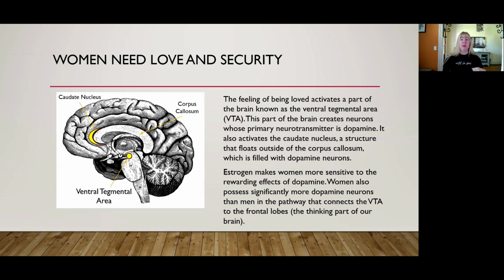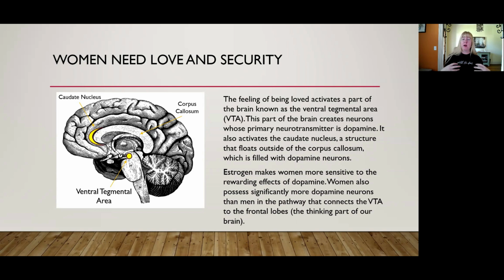But this is also why women are the primary consumers, the targets, of romantic movies, romantic books, Hallmark, right? It's why Valentine's Day was created, right? If you look at these things, it's why the whole wedding industry is the way that it is. All these things are about making her feel loved, because why?